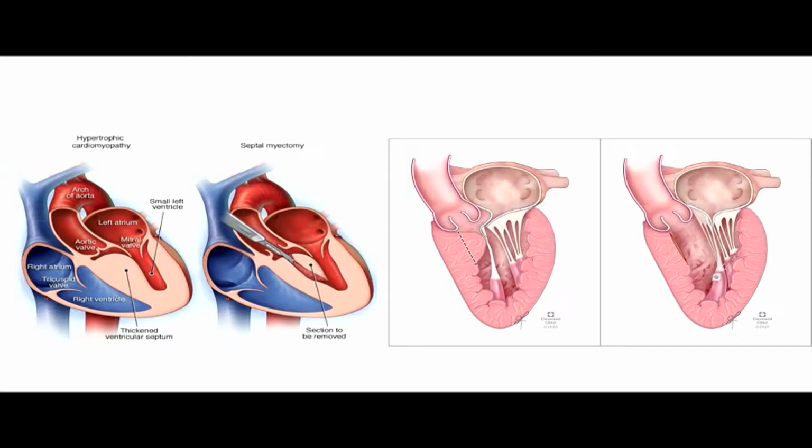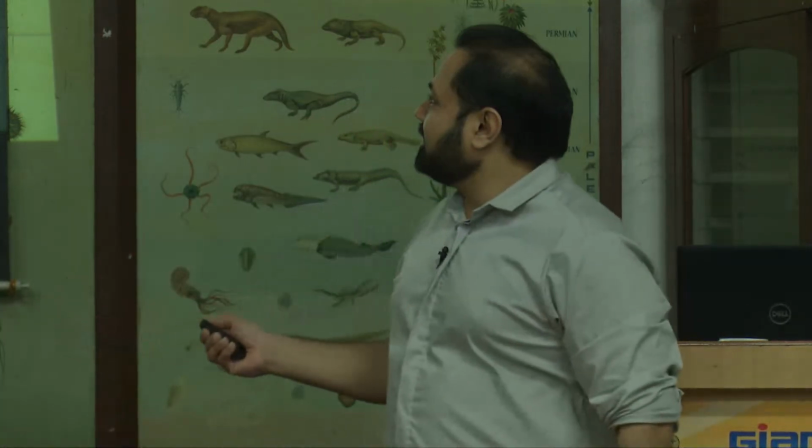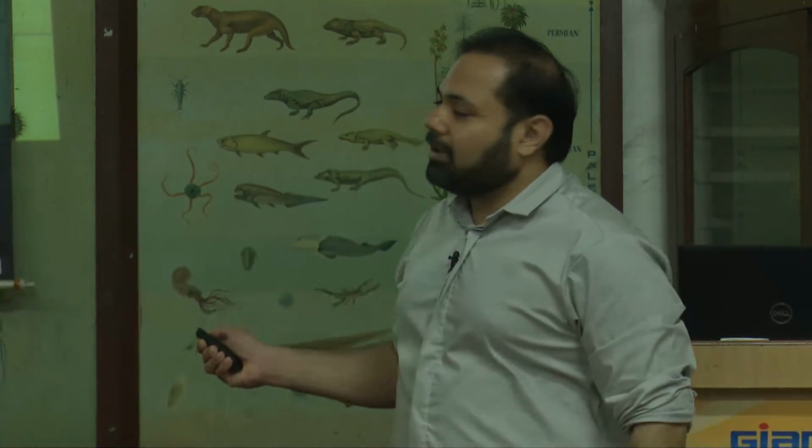Similarly, there are a few more conditions. If the patient has severe pulmonary artery hypertension which is progressing, just like from the LV the aorta arises, from the RV the pulmonary artery arises. So if there is severe pulmonary artery hypertension because of increased LA pressure, as we were discussing, the LA pressure will increase and pulmonary congestion will be there over the period of 20, 25 years if the patient does not take anything.